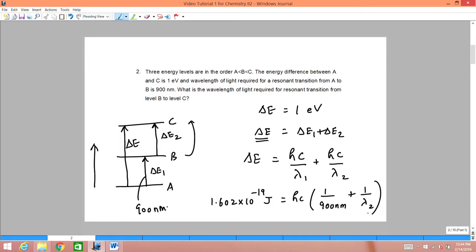Nanometers, therefore, recall the units carefully. You have 1.602 times 10 to the minus 19 joules, and this is given as the sum of two energies, 6.626 times 10 to the minus 34 times 3 times 10 to the 8.